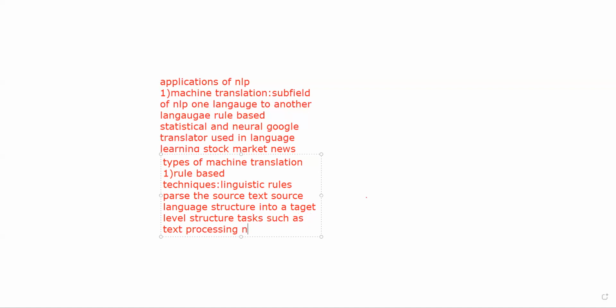These rules are typically hand-coded by human experts. It includes regular expressions, string matching, and decision trees.